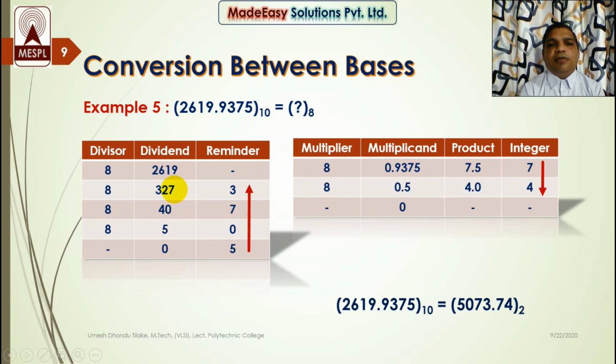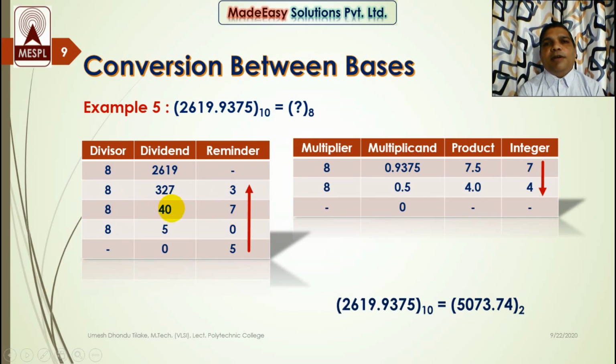327 is the quotient. When multiplied by 8 we get 2,616 as the product. When 2,616 is subtracted from 2,619 we get 3 as a remainder. You can find this out by calculator also. Now divide 327 by 8. We get 40 as the quotient and 7 as the remainder.